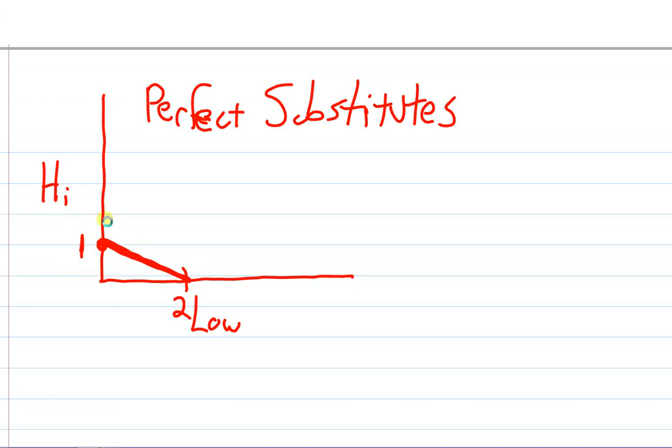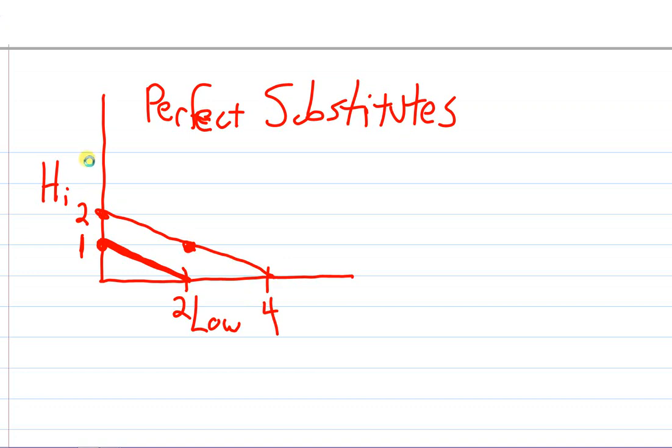So this isoquant would be a straight line. Or if we had two high skilled workers, we could produce the same amount as if we had four low skilled workers, or one high and two low. That would be a higher isoquant there. And you get the picture.